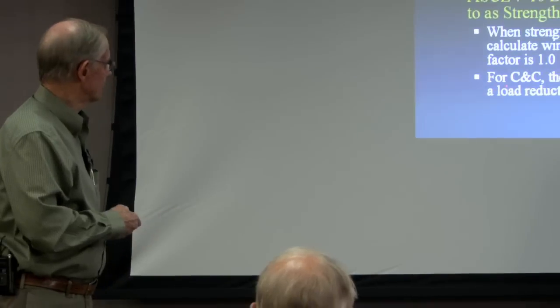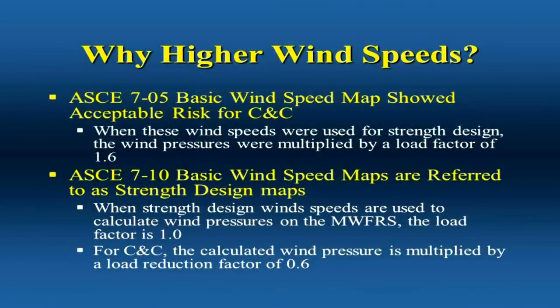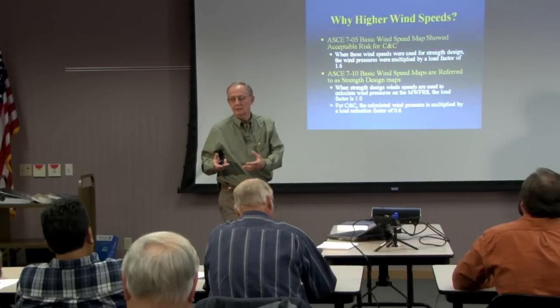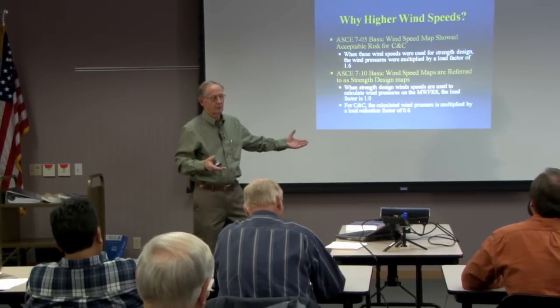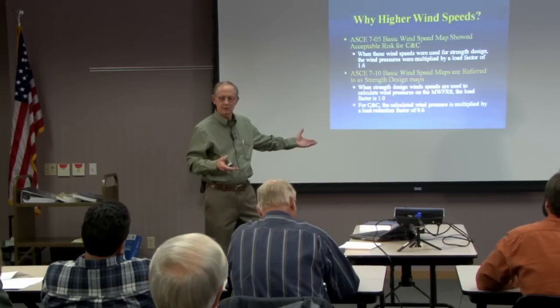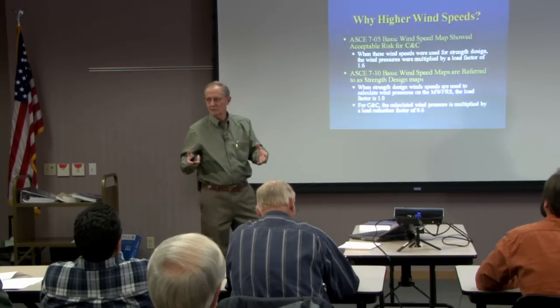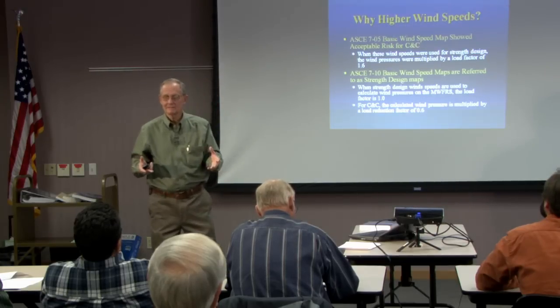But in the components and cladding, the calculated wind pressure is multiplied by a load reduction factor of 0.6. That's because we're using ultimate wind speeds for strength design, but we're using a lesser wind speed for components and cladding, and that adjustment at the end is going to be a 0.6 multiplier. Any questions about that slide?